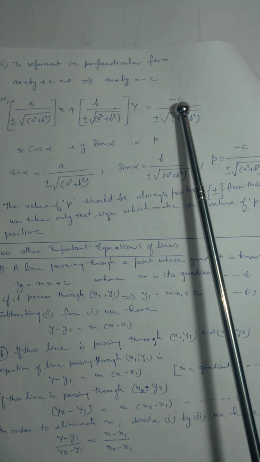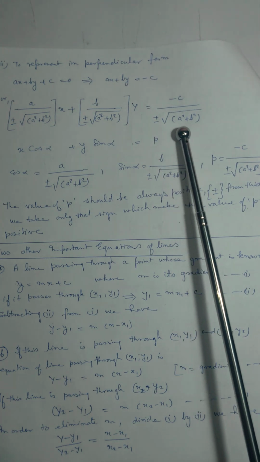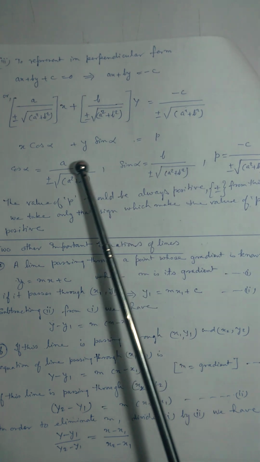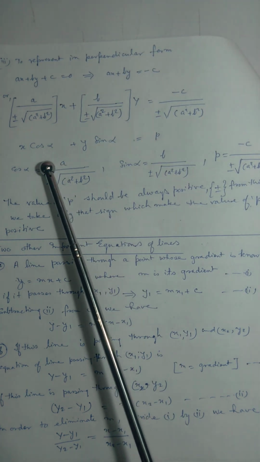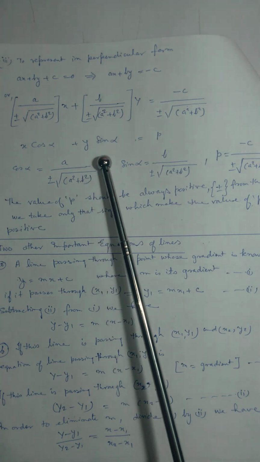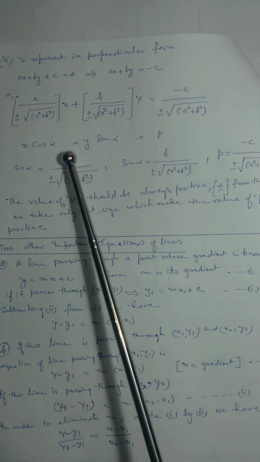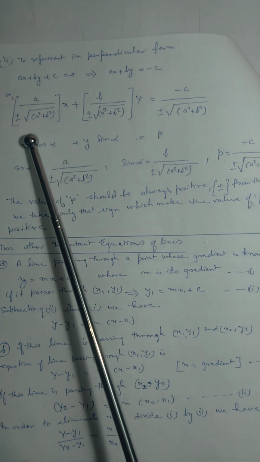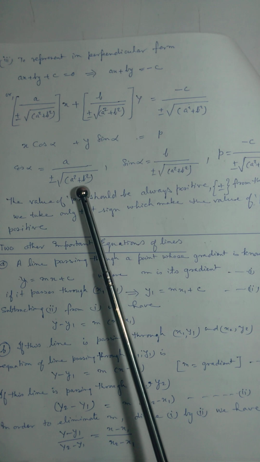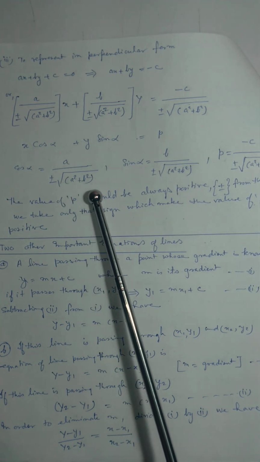You see the minus c will be equal to plus minus root of a square plus b square, in brackets. So here x cos alpha plus y sin alpha is equal to p. Here cos alpha is equal to a upon root a square plus b square.